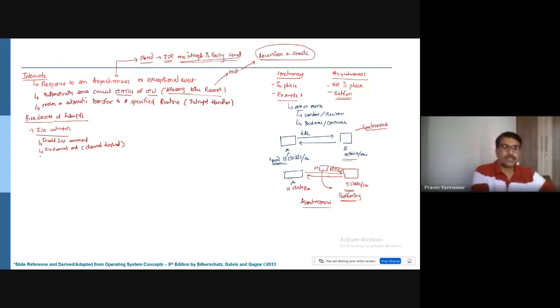Next is the IO device: if there is a request, the IO device is being served, and when the device is finished, it has to be reinstated. So these IO interrupts are of three types: invalid IO command, IO channel end, and IO device end.